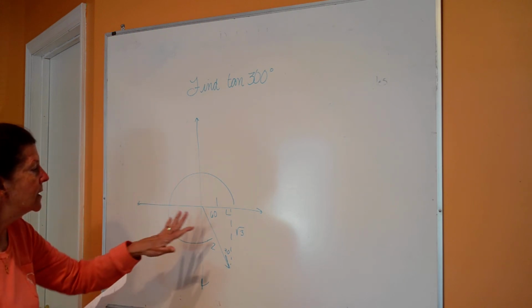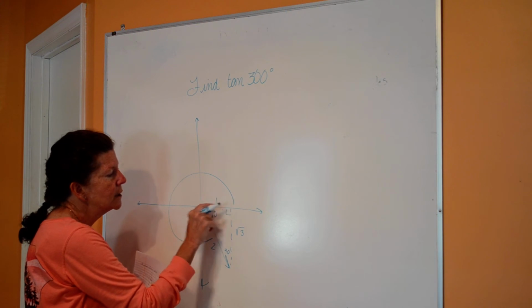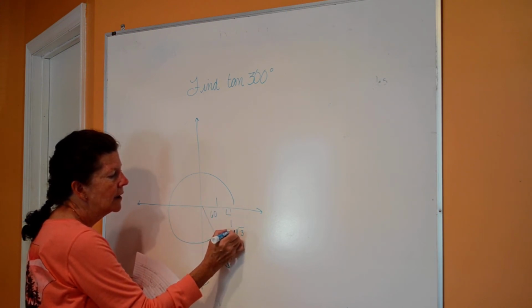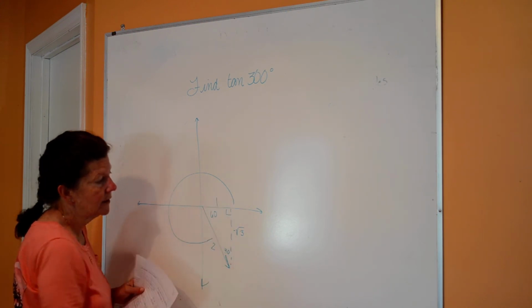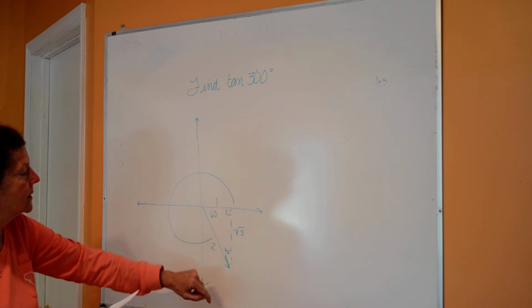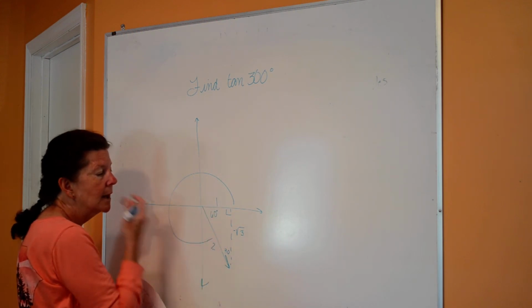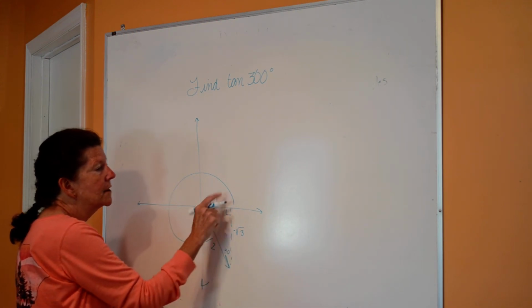So if they ask me for the tangent, I have to take into consideration that my x is positive and my y is negative because I'm going down to that. In the fourth quadrant, your x is positive, your y is negative. So I'm standing here at 60. I want to know the tangent, which is opposite over adjacent.